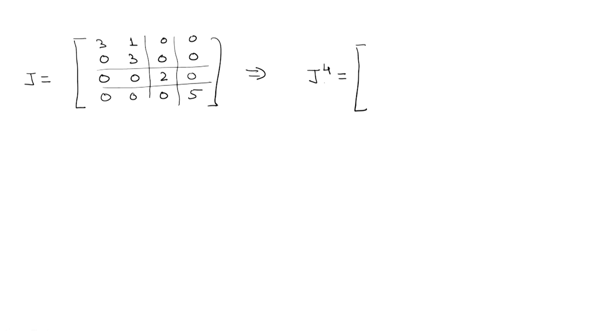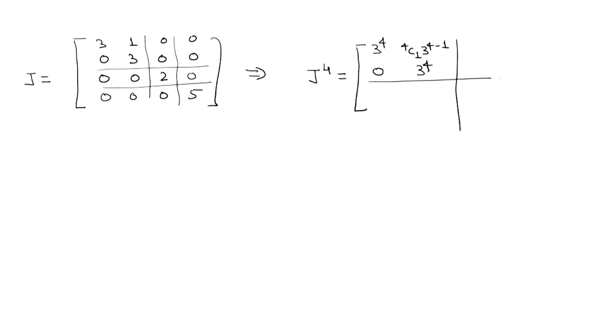will calculate it block-wise. Here n is 4, k is 2. So, the first entry will become 3 raised to power 4, the second entry will become 4C1 into 3 raised to power 4 minus 1, then 0 here and 3 raised to power 4.